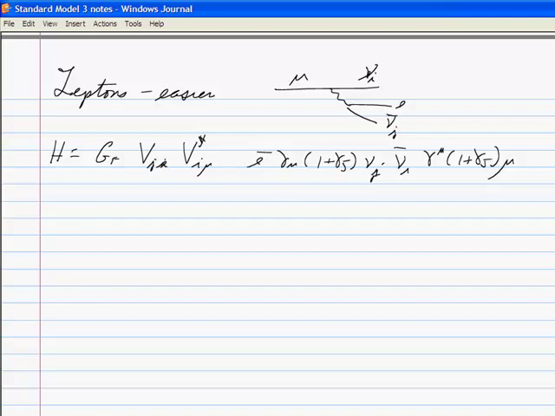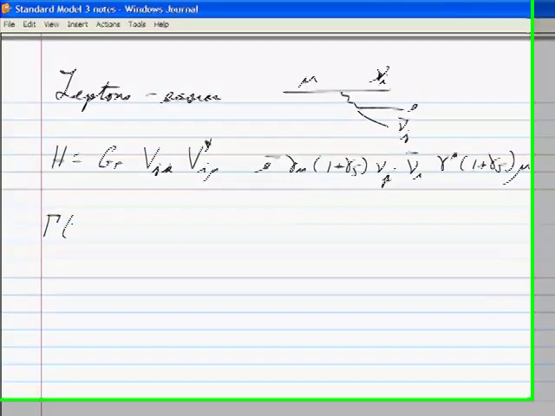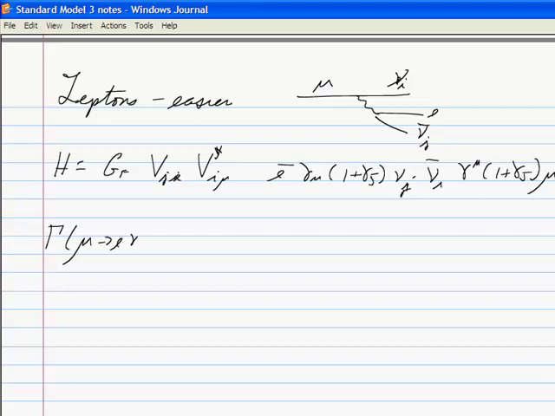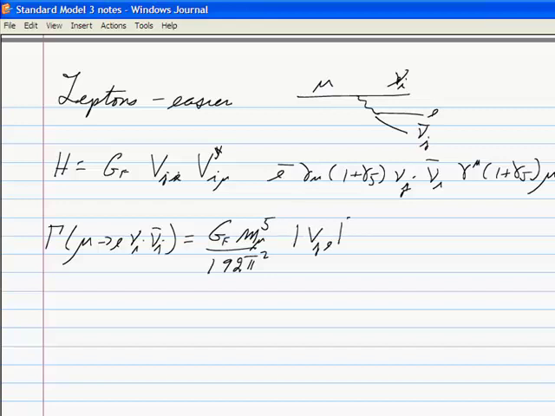And the decay rate for that has the following form. Let's just write it out so we have a bunch of things to talk about. Mu goes to e nu_I nu bar_J is, it's a pain to calculate, G Fermi squared M_mu to the fifth over 192 pi cubed, V_Je squared V star_I mu squared.